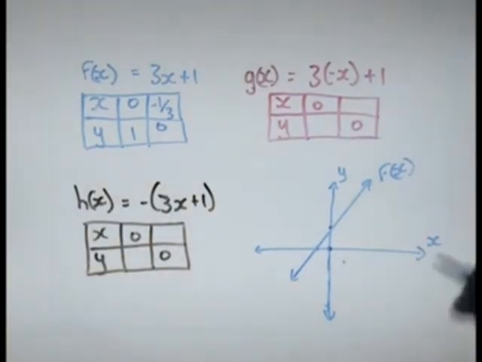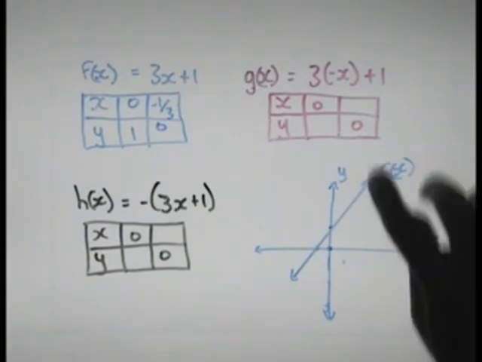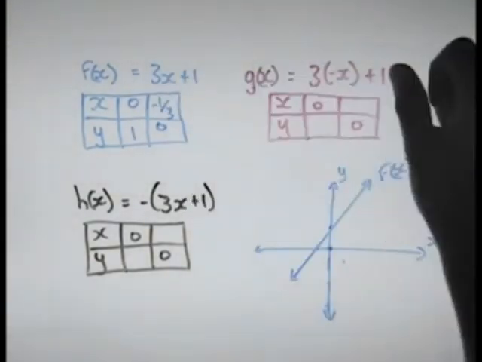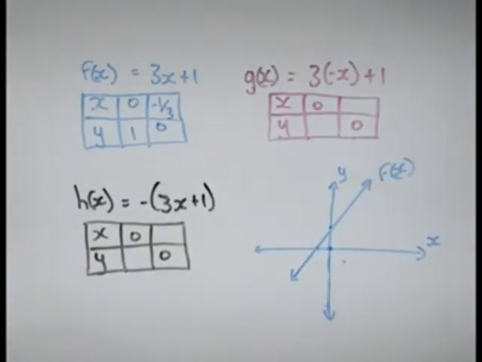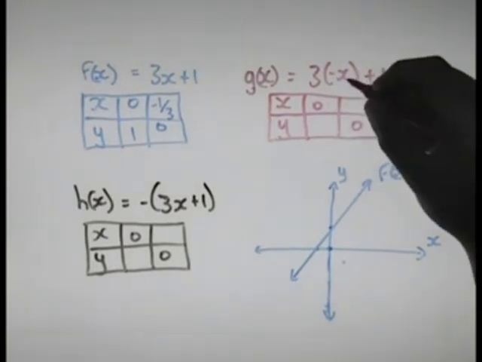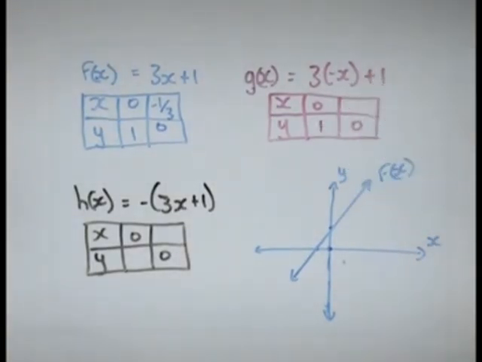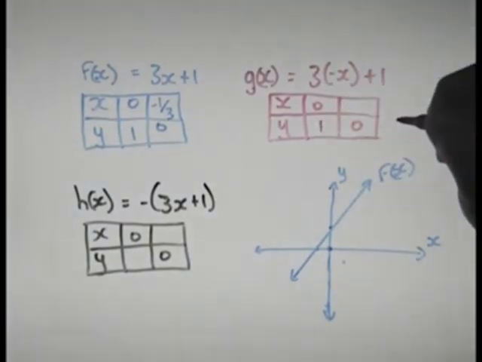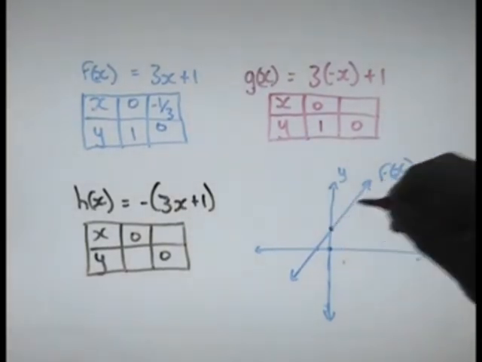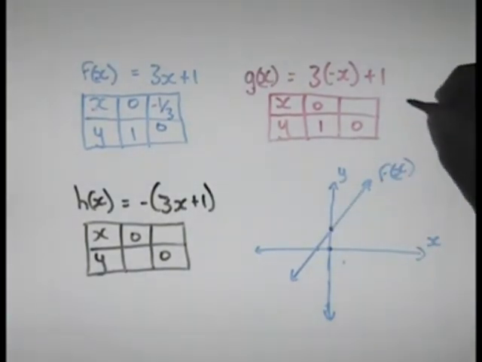The next one we're looking at is g of x is equal to 3 times -x plus 1. Notice the difference there is that we've now made our x value negative. When x is equal to 0, y is going to equal 1. That means it's still going to cut through that point.